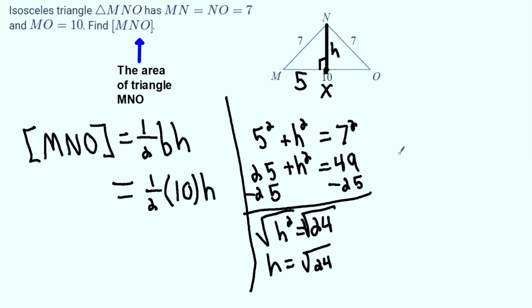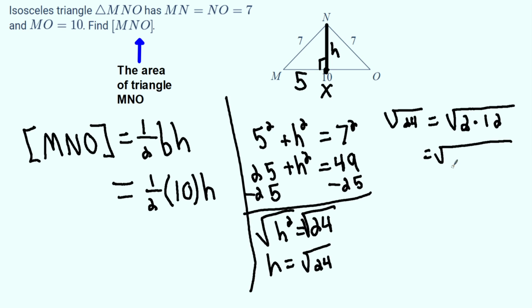Now what is the square root of 24? Well, I can break that down into factors. So one easy factor is 2 times 12. Well, I don't get any information here that I can use, so let's break it down further. We have 12, which is 2 times 6.